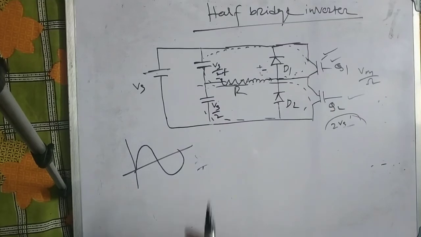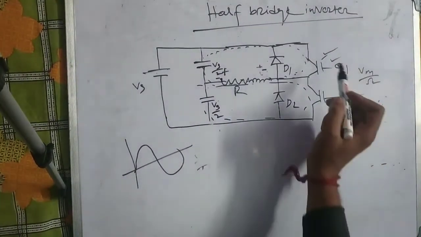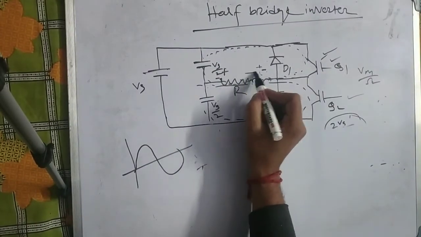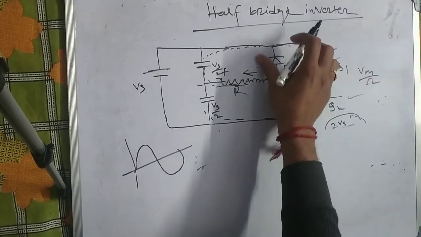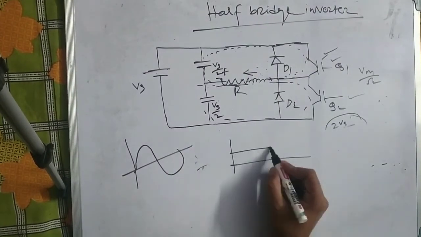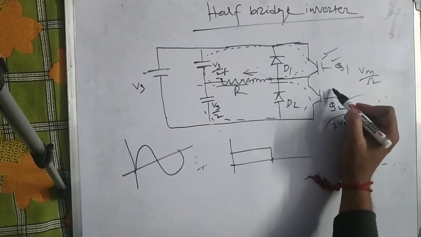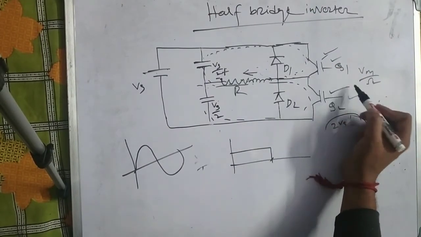What will happen when you turn off this Q1 switch? Before turning off this switch, the current direction is in this direction. Now at T/2, you turn off this switch and turn on the switch Q2.